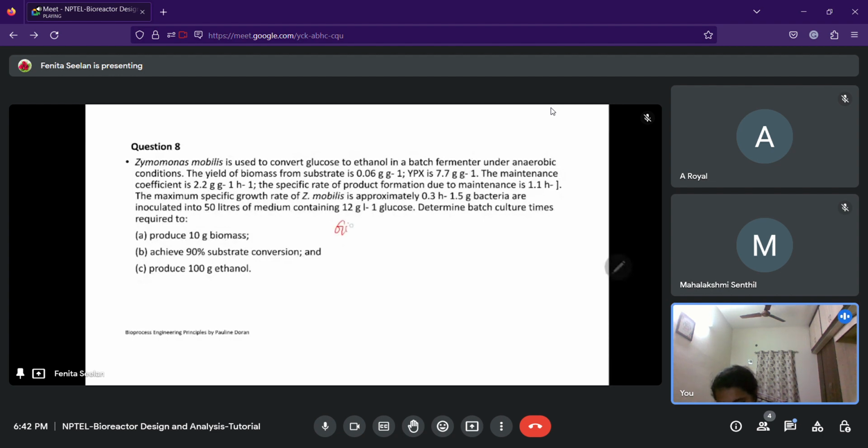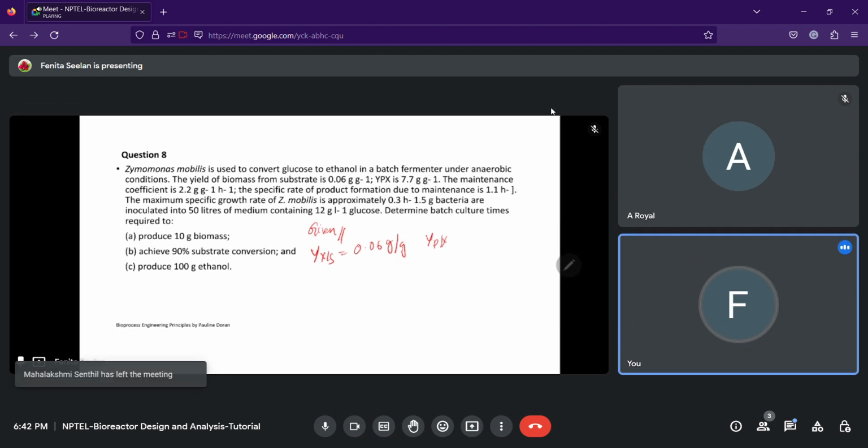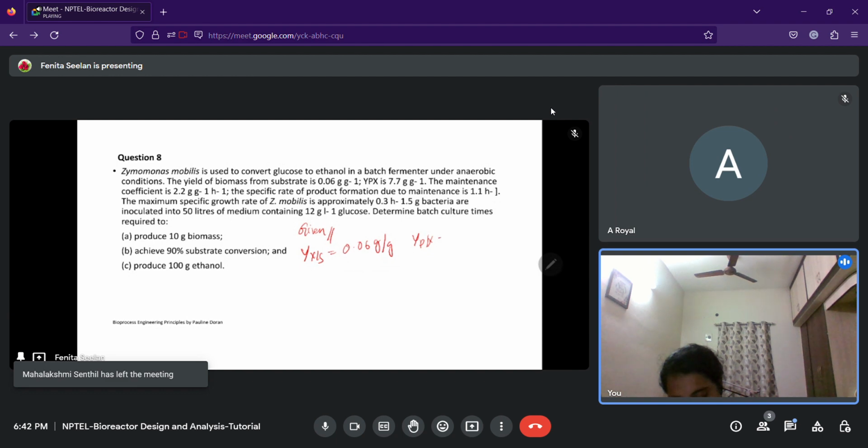Given would be your yield with respect to biomass and substrate, YXS, which is 0.06 grams per gram, and your yield with respect to product, YPS, which is 7.7 grams per gram, and your mu max is 0.3 per hour.